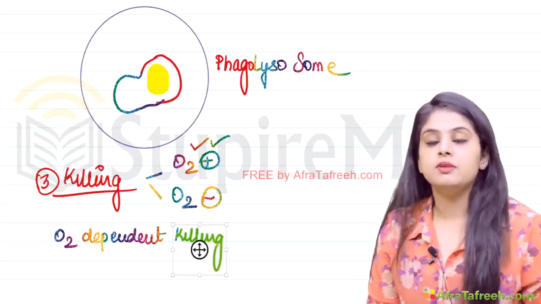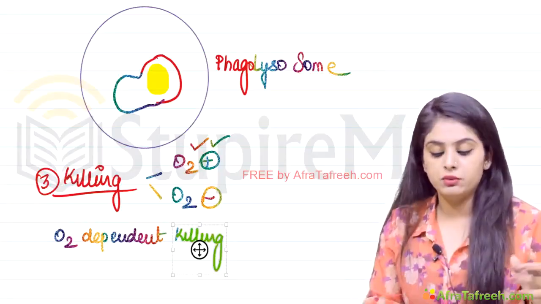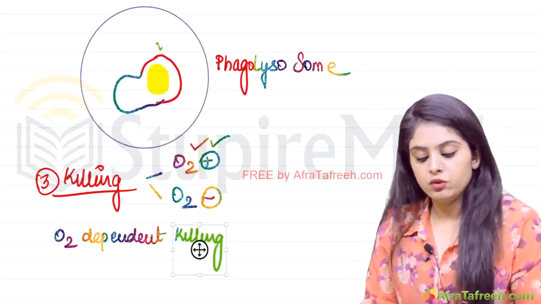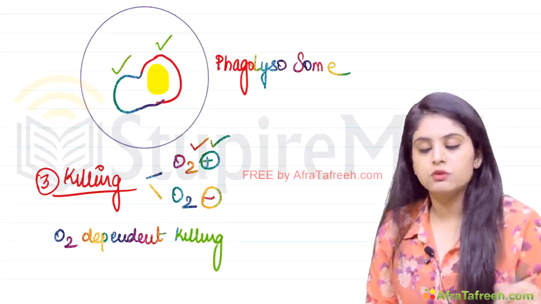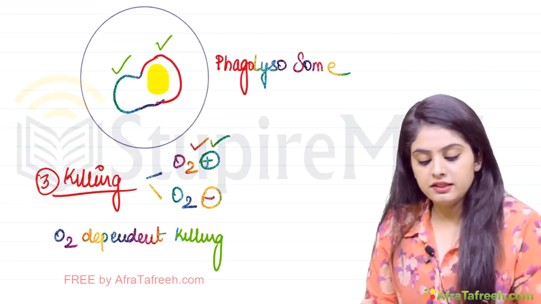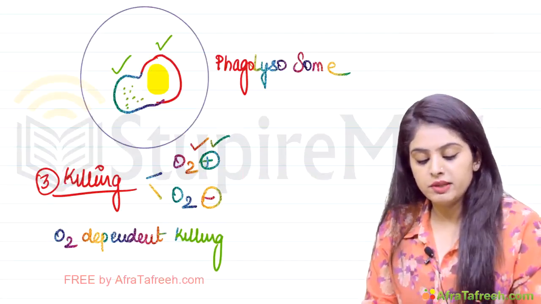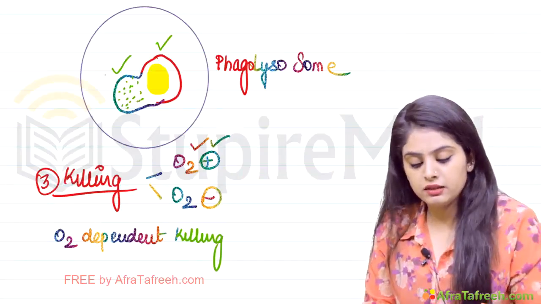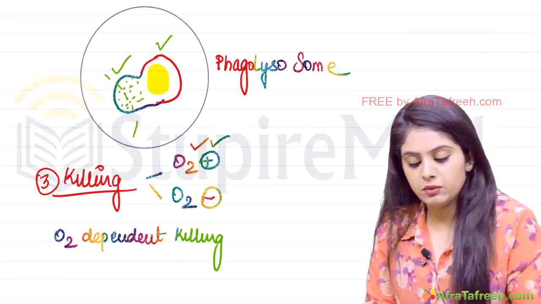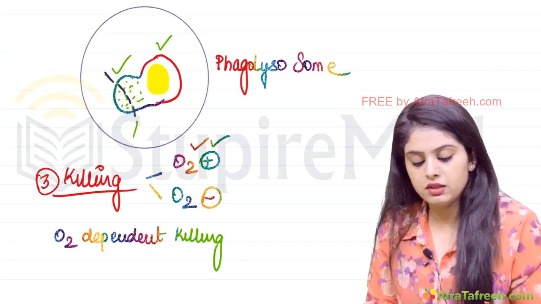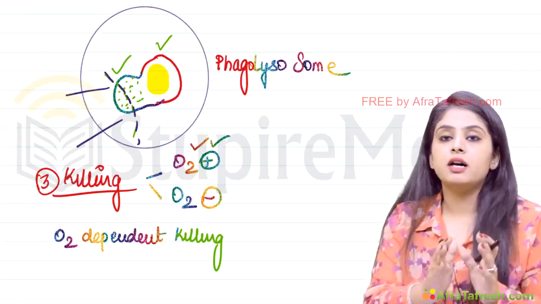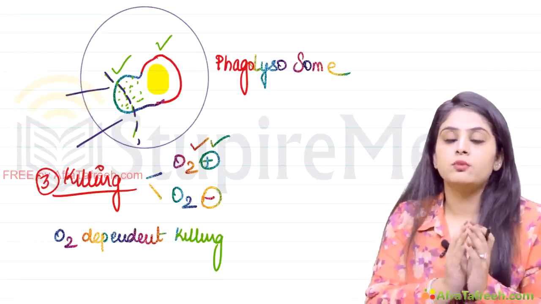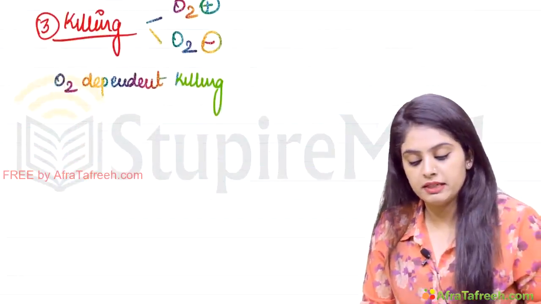But at the same time, remember, we are taking a magnified view. There was a phagosome over here, it fused with a lysosome over here. Let's consider that the lysosome has multiple enzymes. And I'm just going to take this particular section and magnify this area of the phagolysosome for oxygen dependent killing.